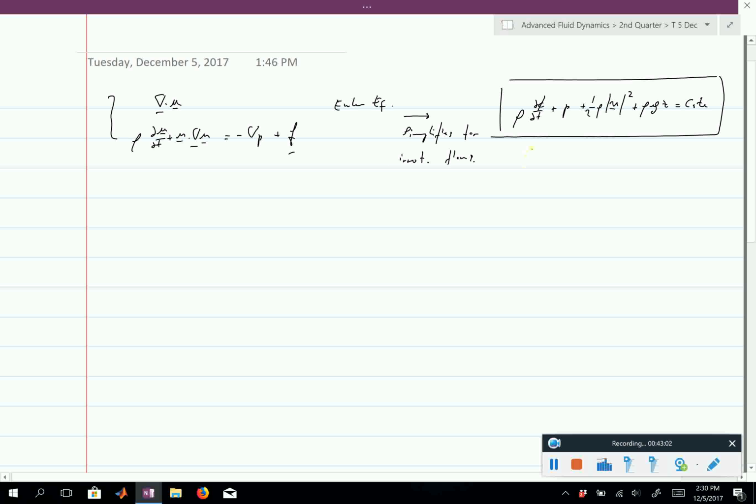So in this frame of reference, let me extract P, because this is what we want. The pressure will be equal to a constant, plus 1/2 rho times the velocity squared, the normal velocity squared, plus rho g z, minus rho partial phi over partial t.